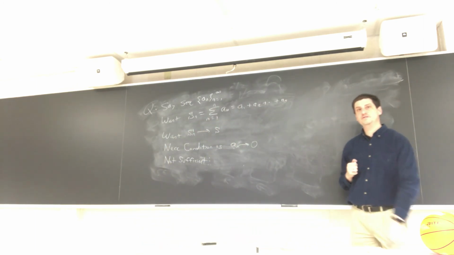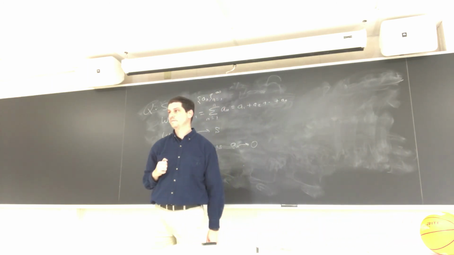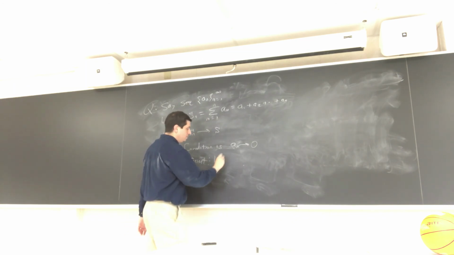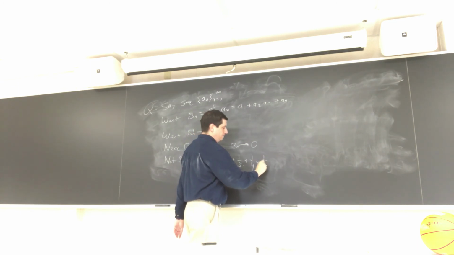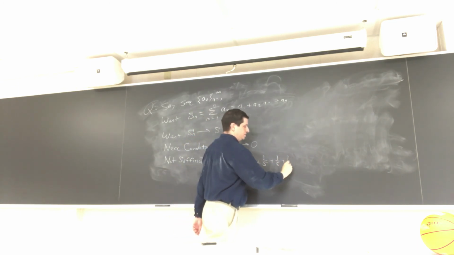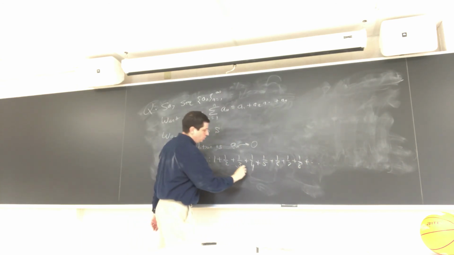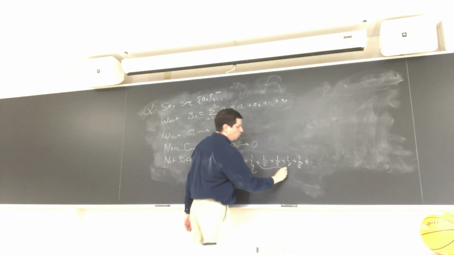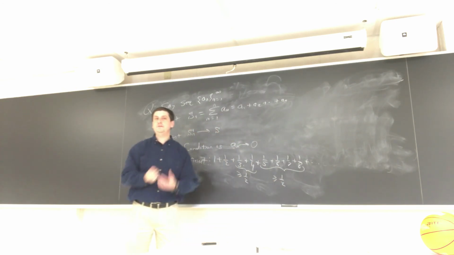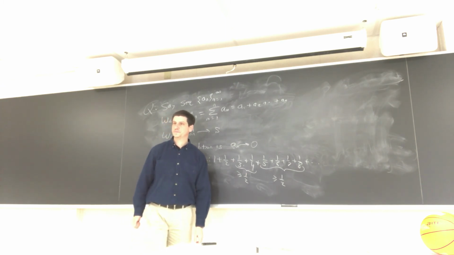Does anybody remember it? 1 over n, excellent. 1 plus 1/2 plus 1/3 plus 1/4, 1/5, 1/6, 1/7, 1/8. The way we proved this is we said, look, 1/3 plus 1/4 is greater than or equal to 1/2. 1/5 plus all the way up to 1/8 is also greater than or equal to 1/2. If we just keep collecting terms like this, we see that the sum has to diverge.